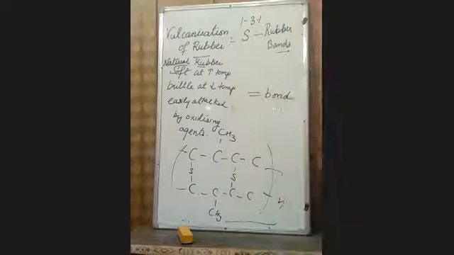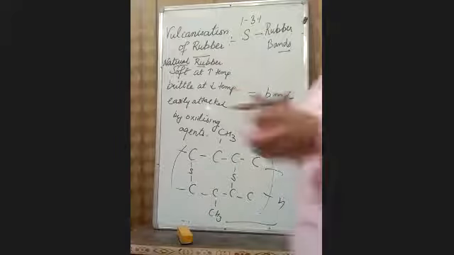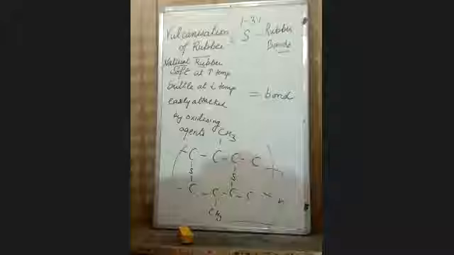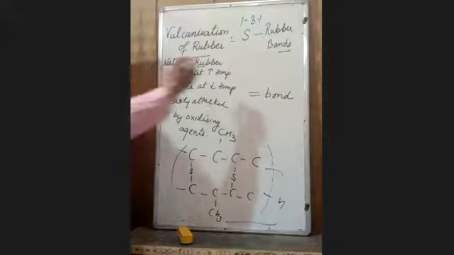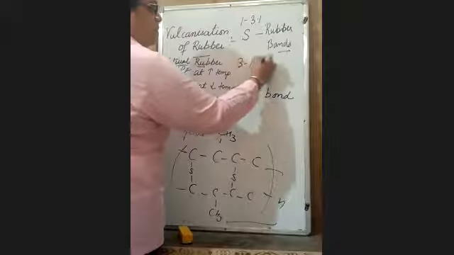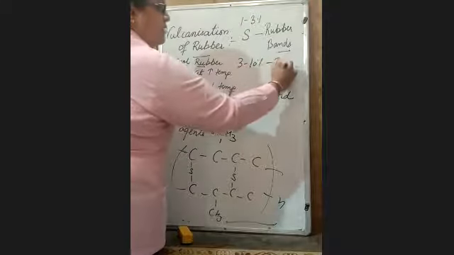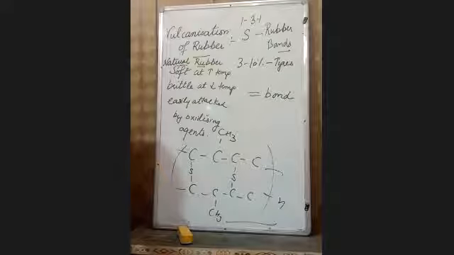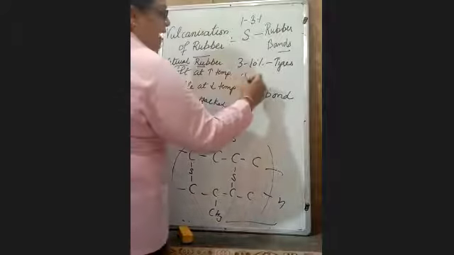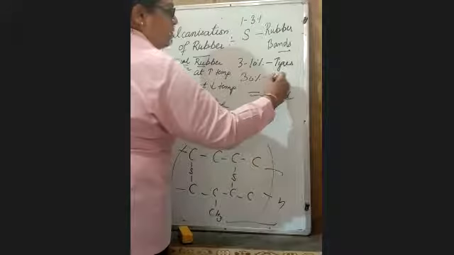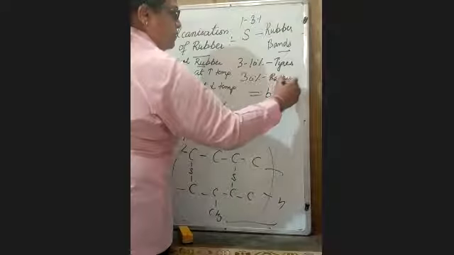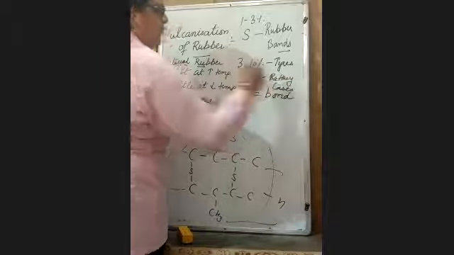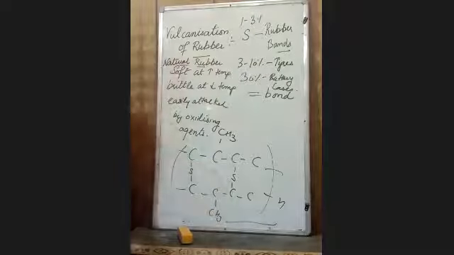If I am adding 3 to 10% of sulfur, it is used in making tires. If I am adding around 30% of sulfur, then it is used in making your battery cases. You have seen your inverter battery cases. It is made from vulcanized rubber.